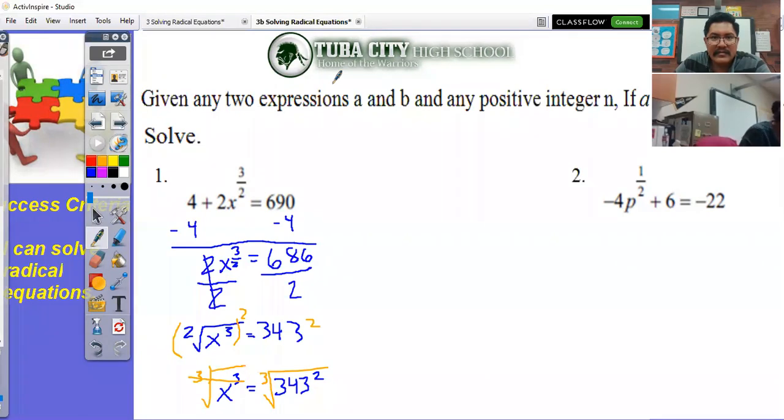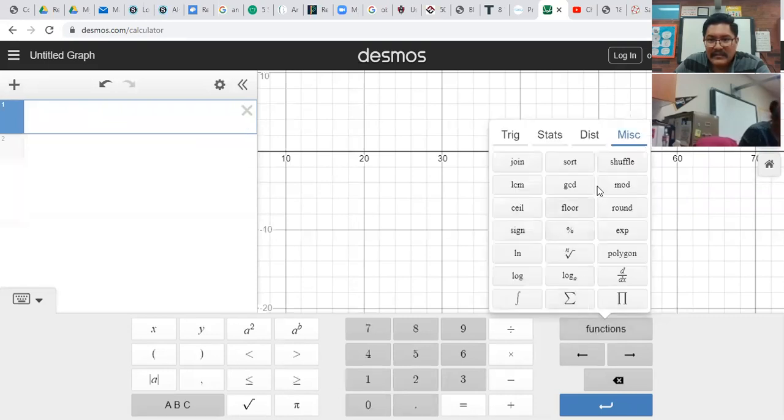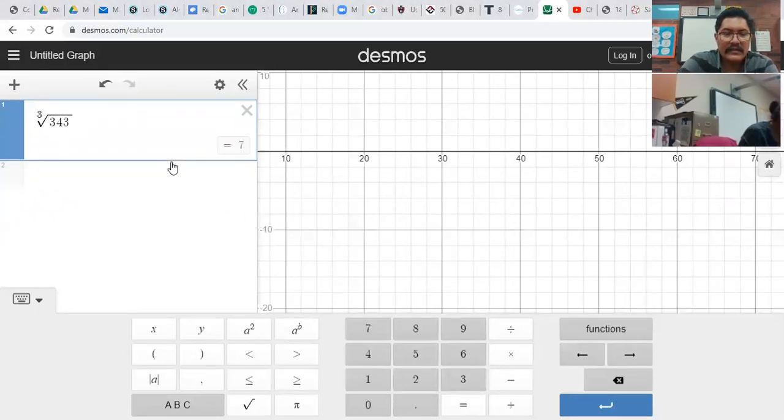So I'm going to go back over to my other screen. So again, if you don't have a calculator, you can go ahead and just leave it like that. But if you do have any way of getting a calculator, which if you have internet, again, Desmos works out very well. Let's go ahead and change it again. So go back to functions, last tab, and we need cube root of 343 squared.